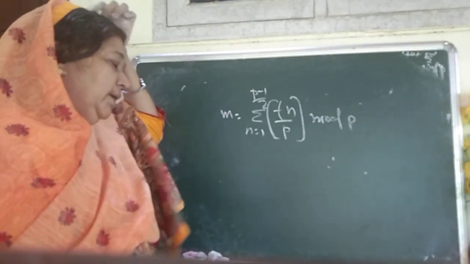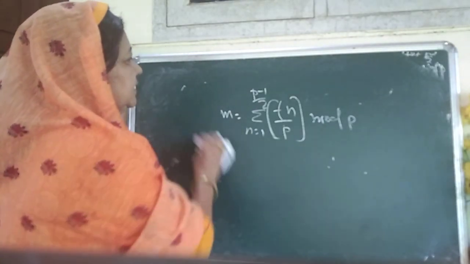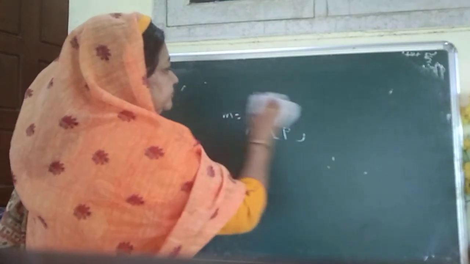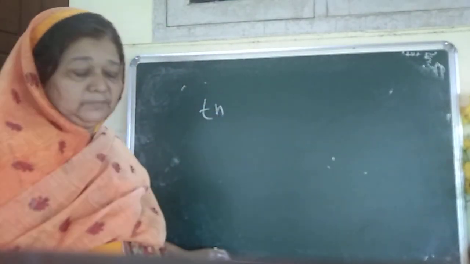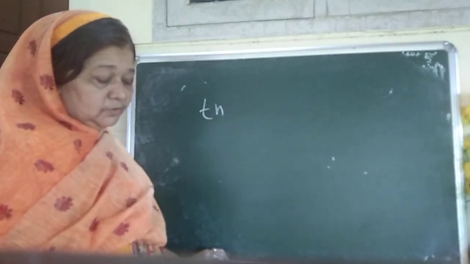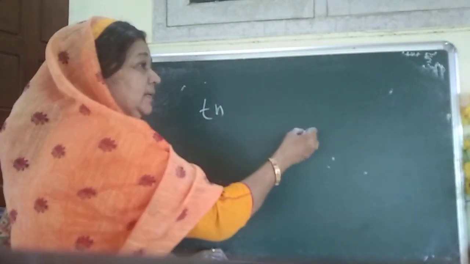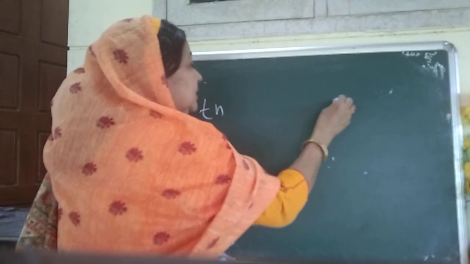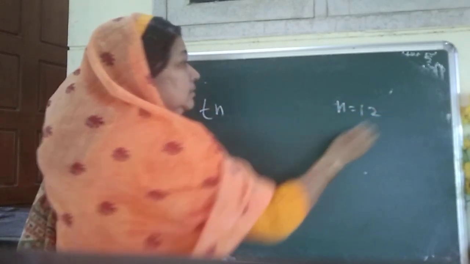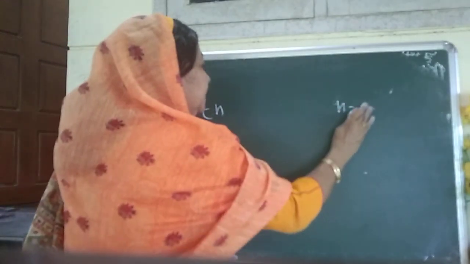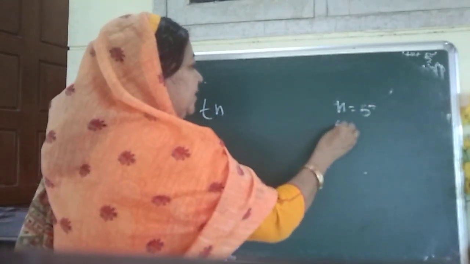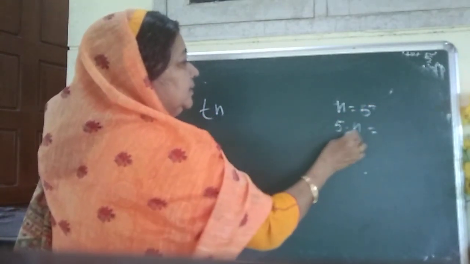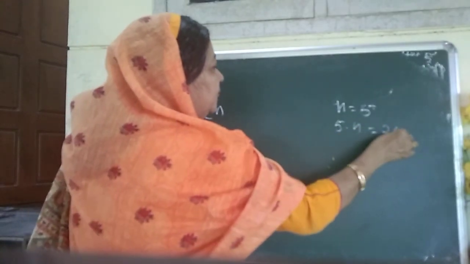We know Tn equal to, Tn is a number, say T, suppose n equal to 12 or n equal to 5, then T into n, say 5 into n, that is 5 into 5, that is 25.